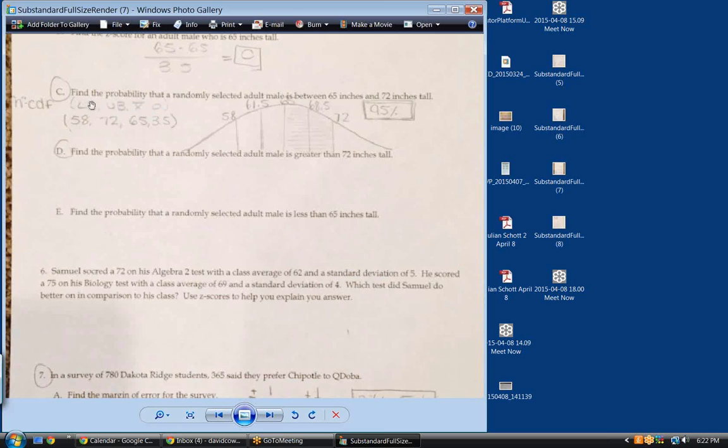That's what those four things are. It's the probability that an adult male will be greater than 72 inches. Equals. Okay. So what do you think it is? In other words, this area right there.